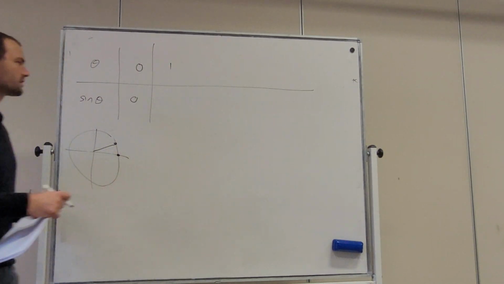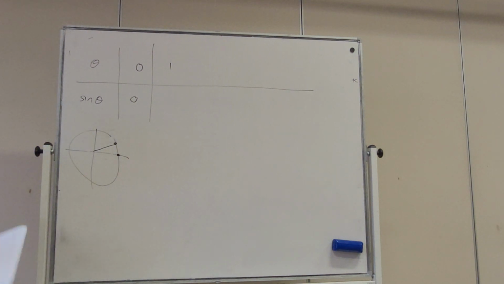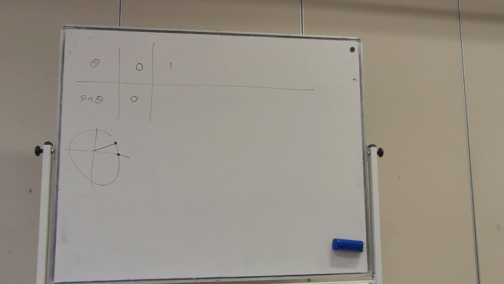You know the number 1, so we can go sine of 1, and we set it in radians in our calculator, because we've got pi along there. Sine of 1, we've got 0.84.